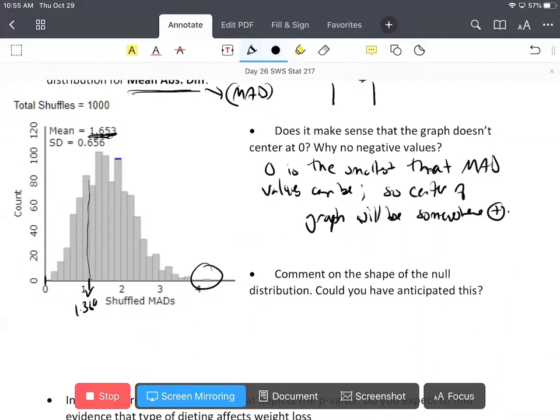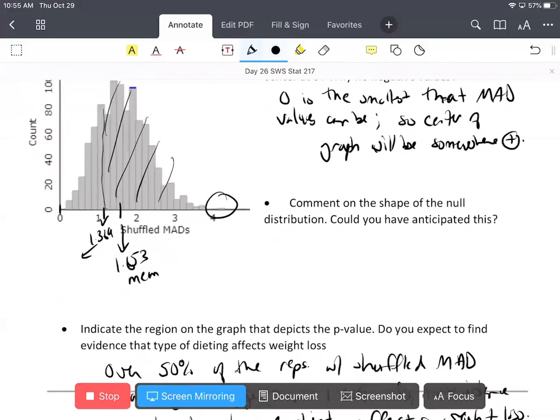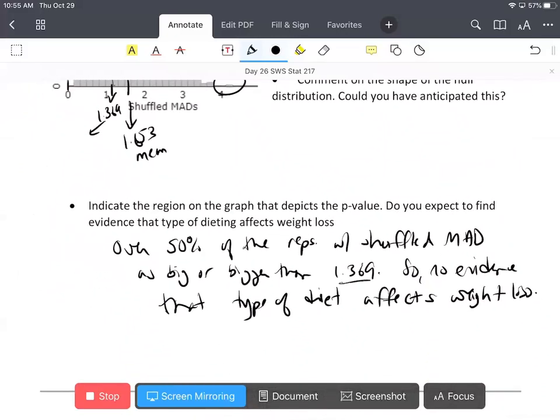That is definitely over 50%, given that the center is at 1.653. This is the mean, and this is the statistic we're looking at. All right, so we calculated that before. You notice we're using different numbers as we calculate these different statistics, but we're getting effectively the same result.